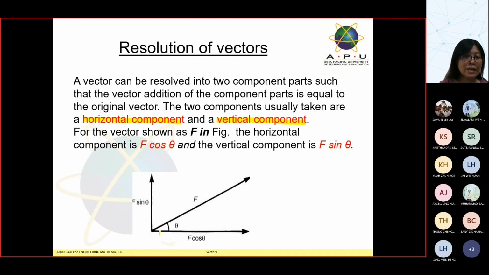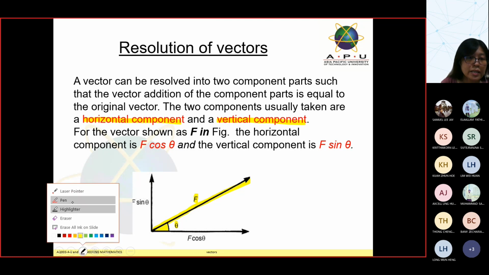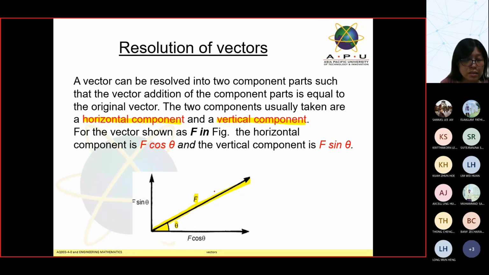Now let's say we have a vector F in this figure, with an angle theta towards the horizontal.